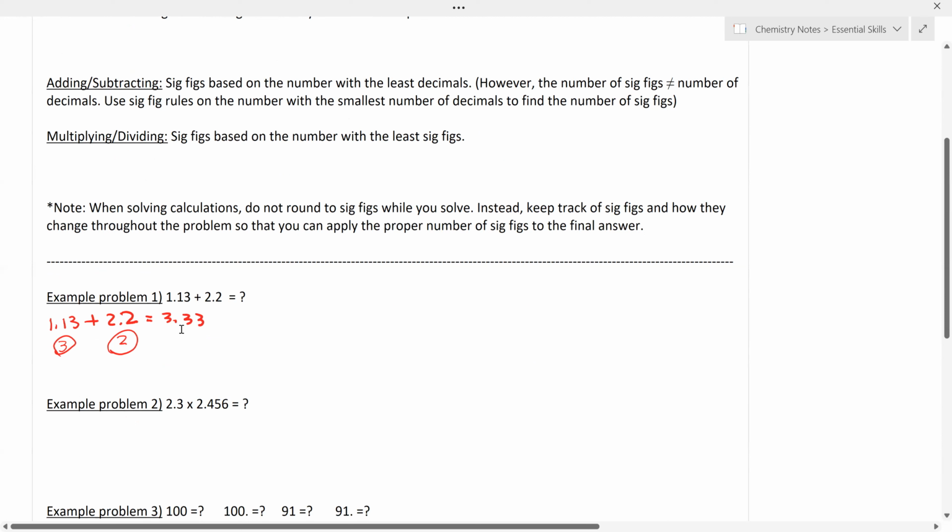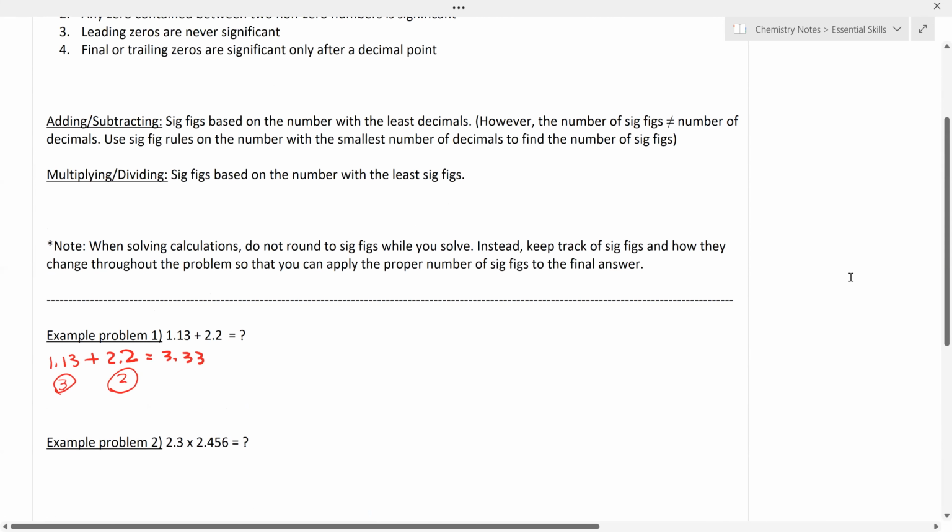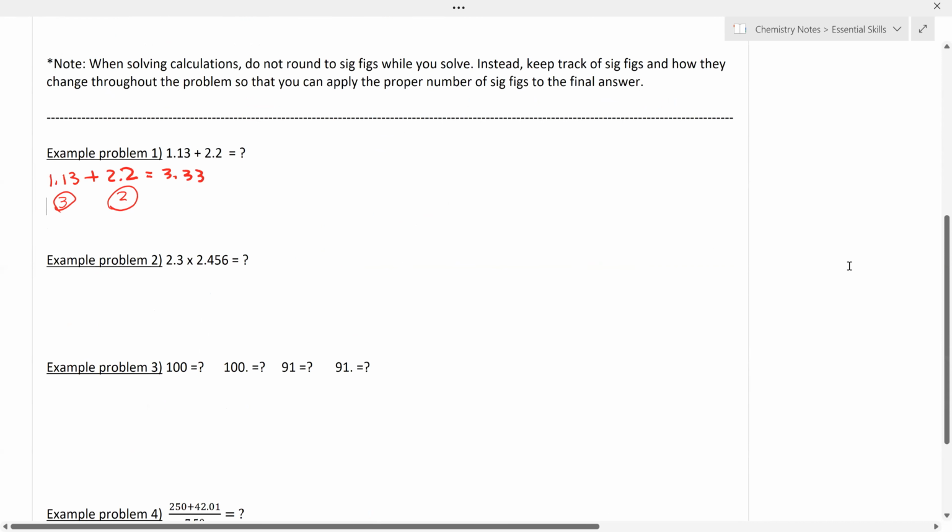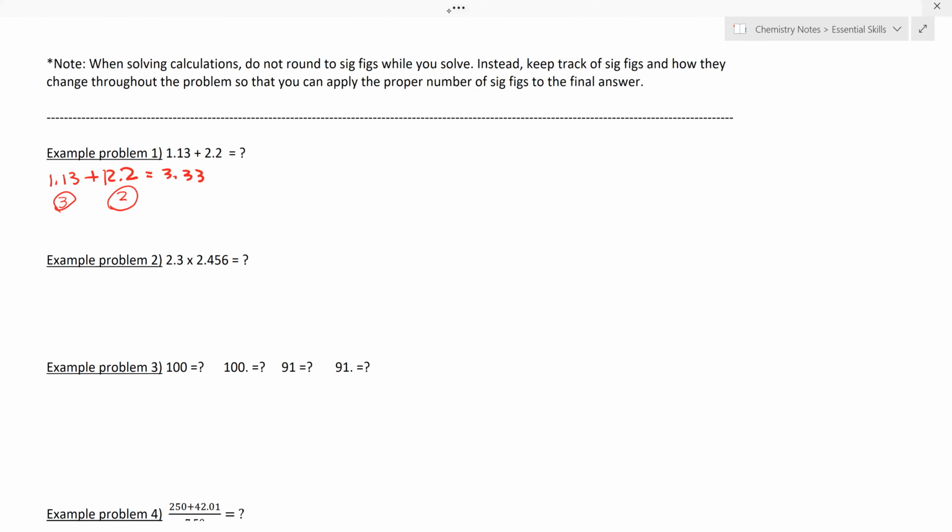It also has the least number of sig figs. So that works too. It doesn't matter at all, but it makes it nice and easy. But say, for example, this number was 12.2. It had 3 sig figs, just like this one. You would go with this one because it has the least number of decimals.